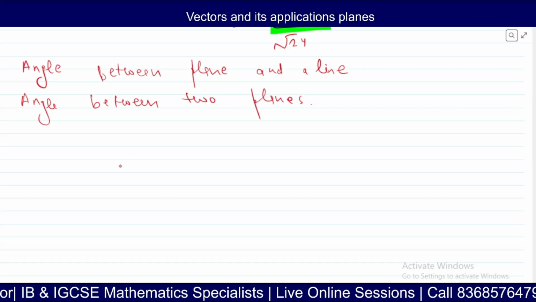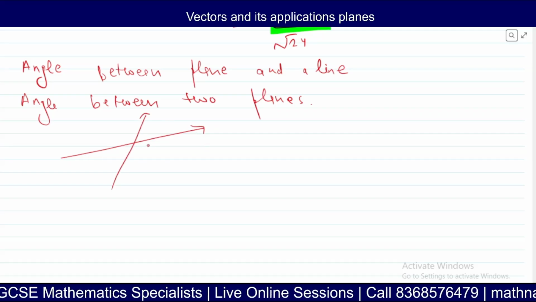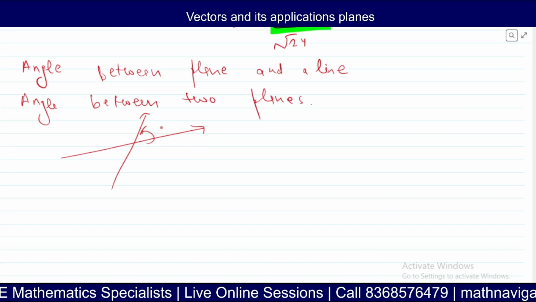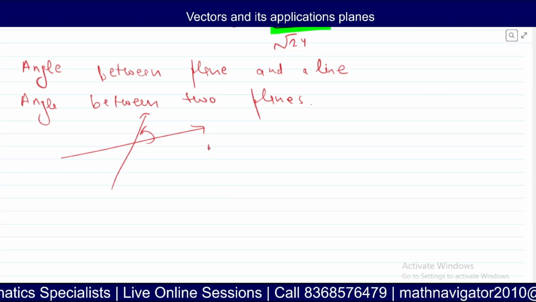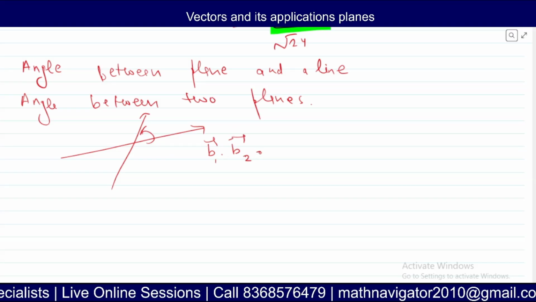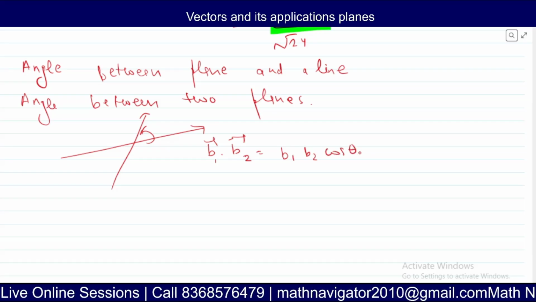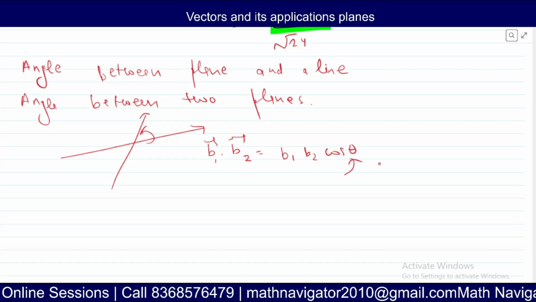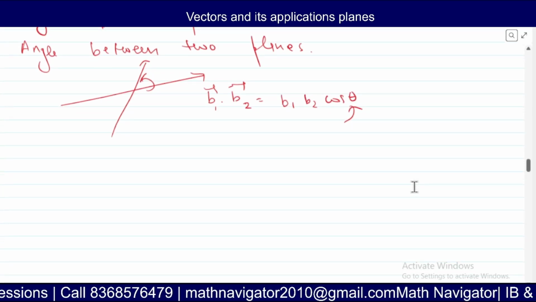When we were doing two lines, if I want to find the angle between two lines, in the previous video we found the dot product of the vectors: vector b1 dot vector b2 is equal to b1 b2 cos theta. Then I can make theta the subject and find it. We will do the same here, but there is a little trick you need to understand.